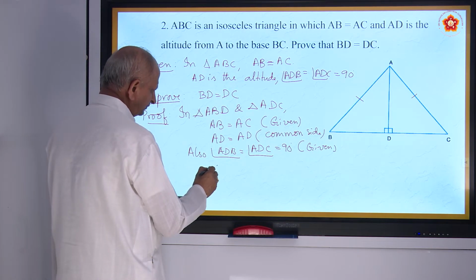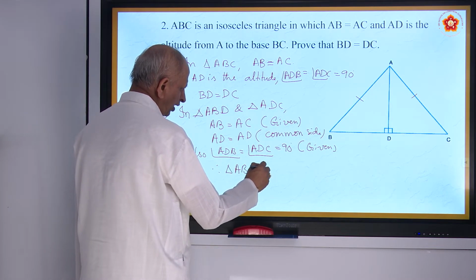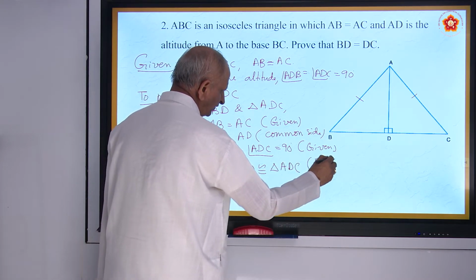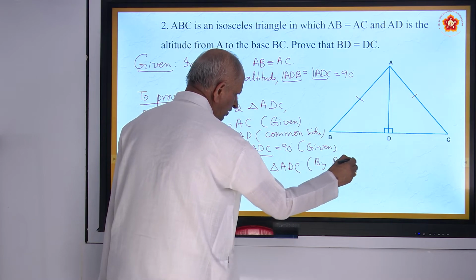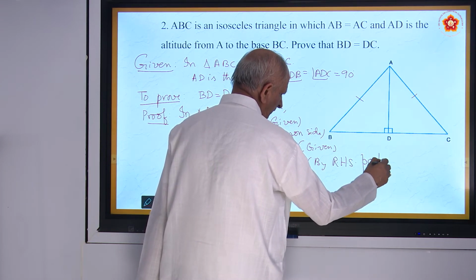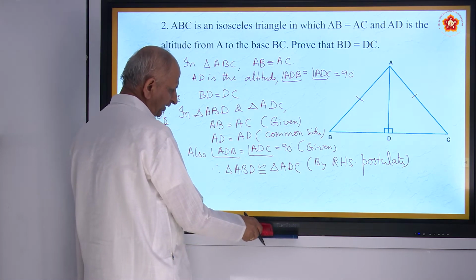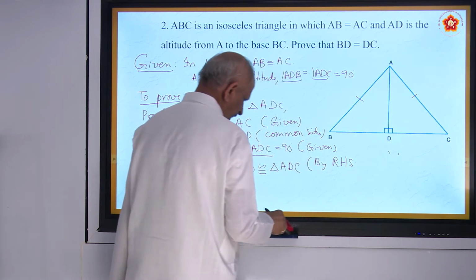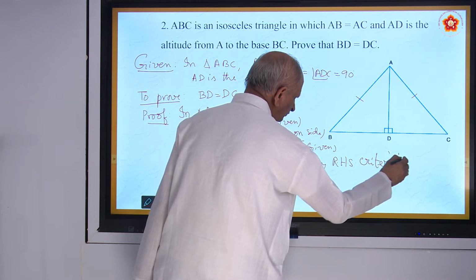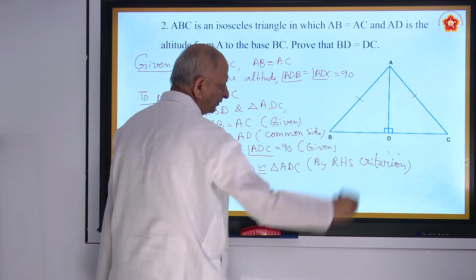So, you can write directly, therefore, triangle ABD is congruent to triangle ADC by RHS theorem or postulate, whatever you call it, RHS axiom or postulate, or RHS criteria, better word, by RHS criterion of congruence of triangles.